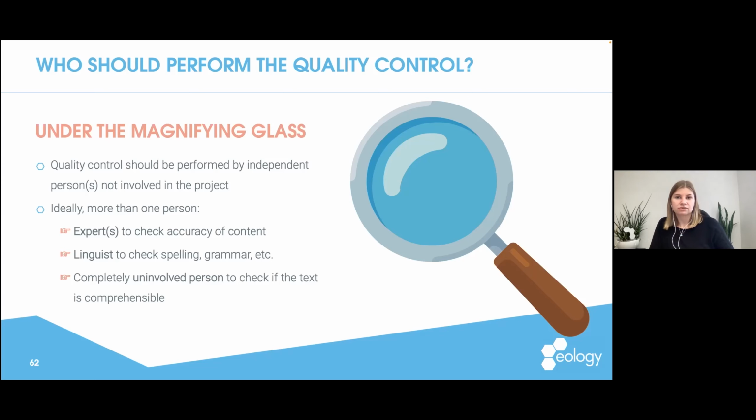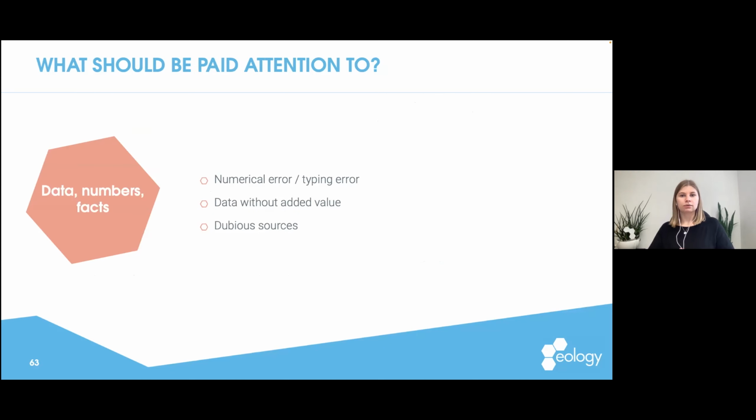Just ask your grandmother, your brother, whatever, somebody uninvolved, maybe even somebody from the target group, to check if everything is comprehensible, logical, and understandable in total. What should be paid attention to in your quality control is, of course, data, numbers, and facts. There should not be numerical errors or typing errors.